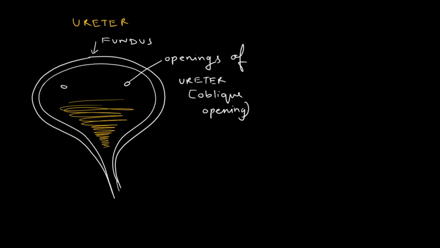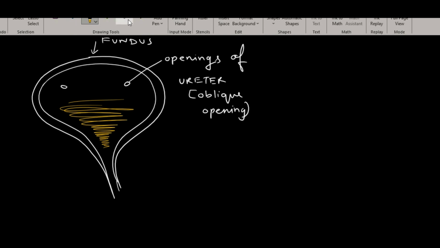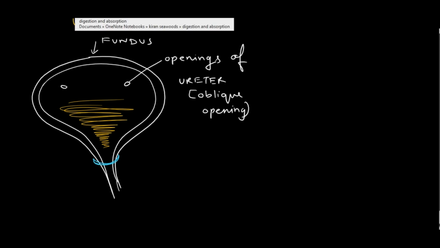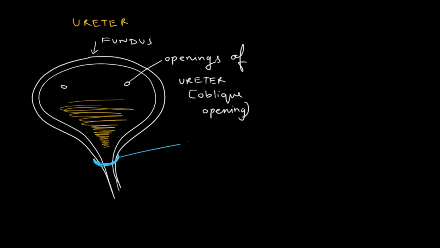There will be sphincters present inside. So there are two types of sphincter present. One is the internal one. I'm drawing it in blue color. This one is referred to as the internal urethral sphincter. Sphincters are rounded muscles which regulate the exit of urine.